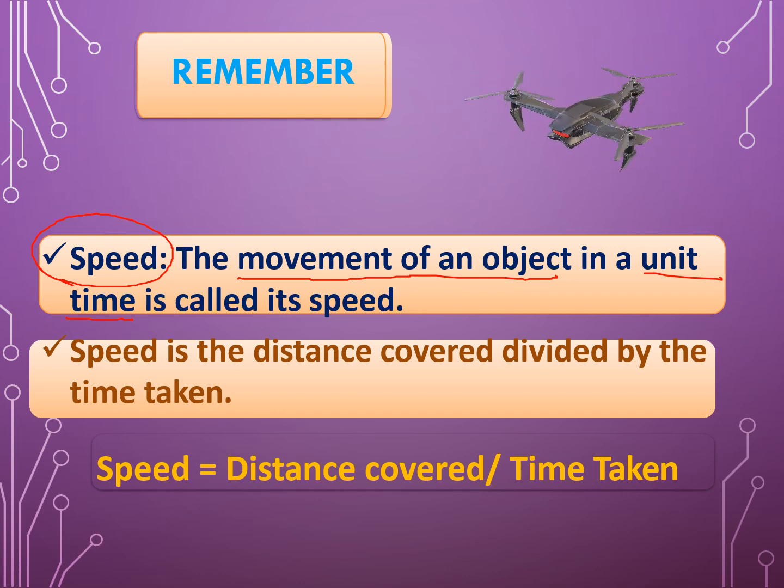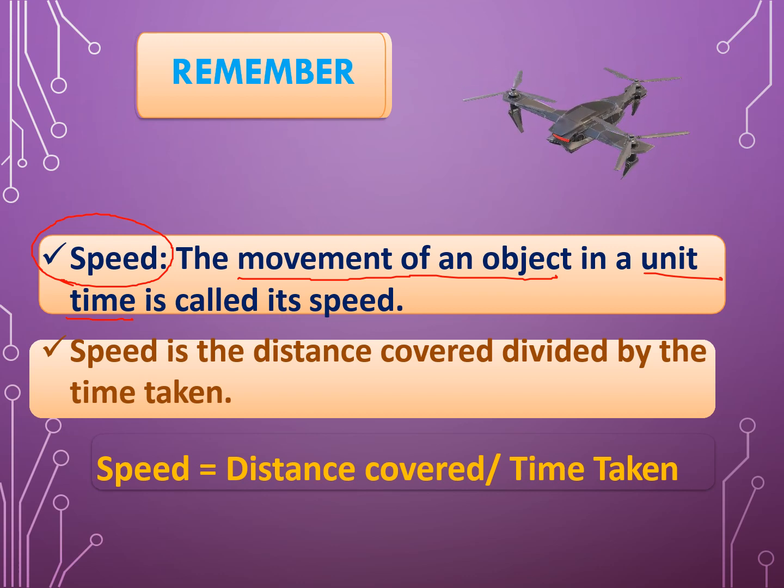Speed is the distance covered divided by the time taken, which is the formula in terms of words. We'll discuss the formula later on with some very simple numerical problems, which will definitely give you some in-depth idea.